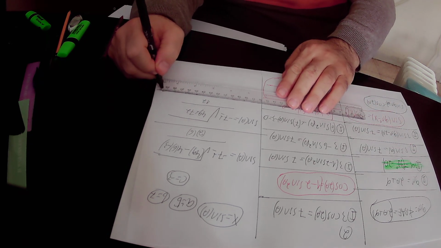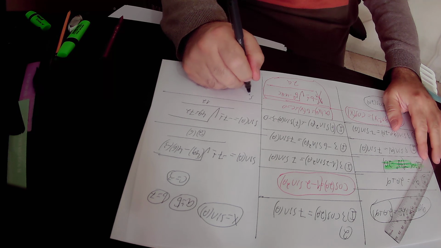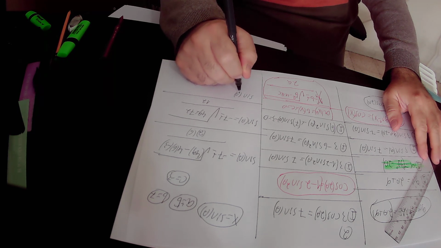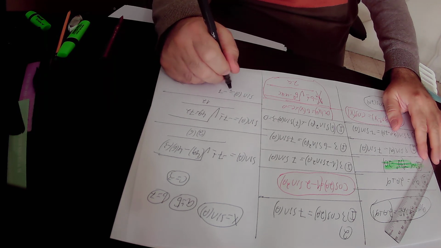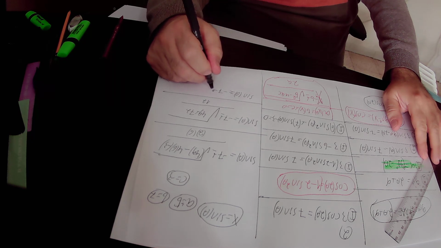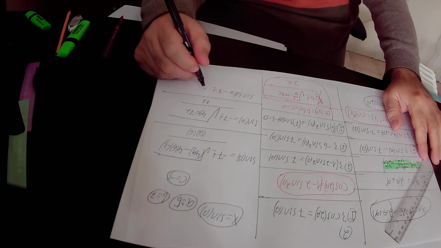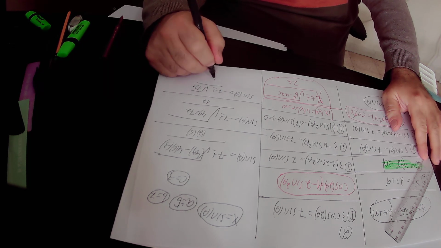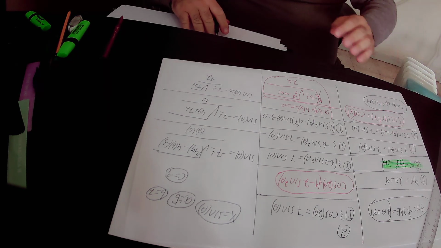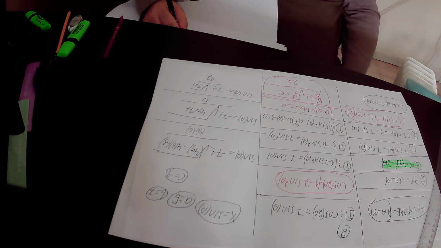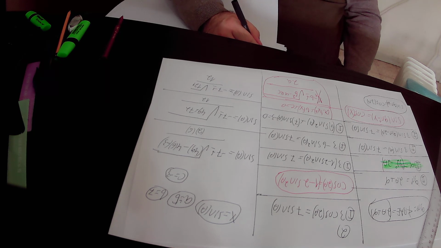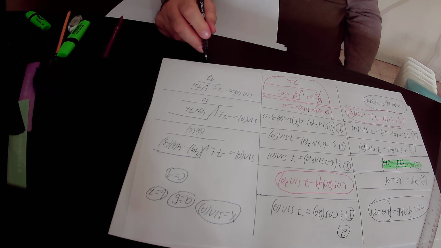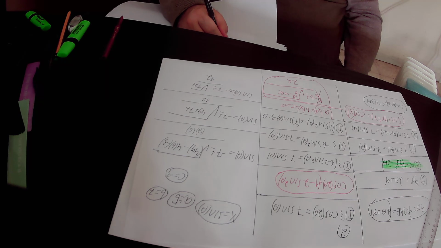So we actually found out that sine theta is equal to minus 7 plus minus the square root of 49 plus 72, which is 121, over 12. So sine theta is equal to minus 7 plus minus the square root of 121, which is 11, over 12.